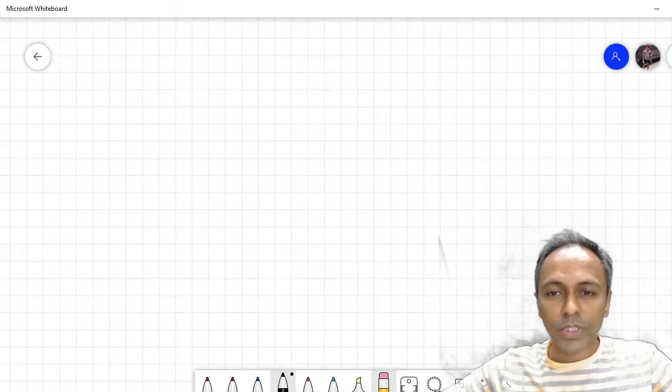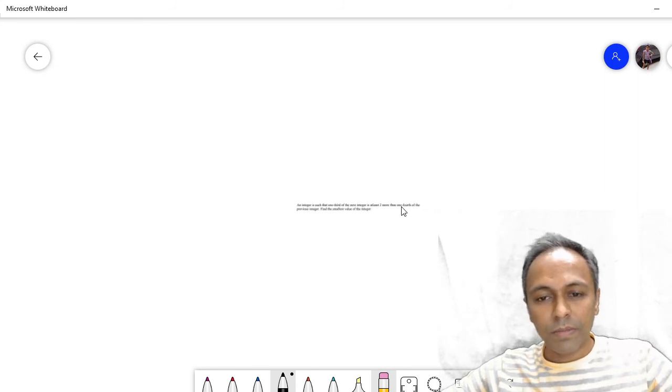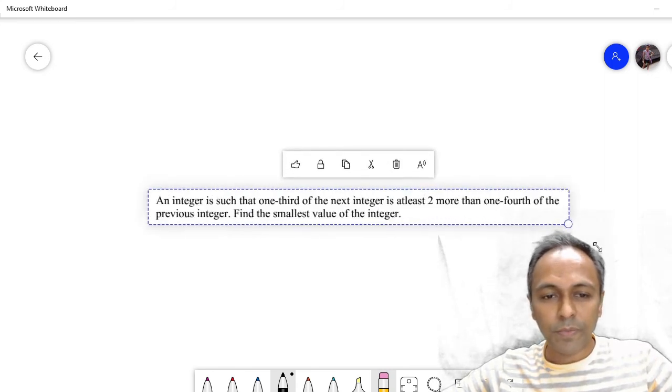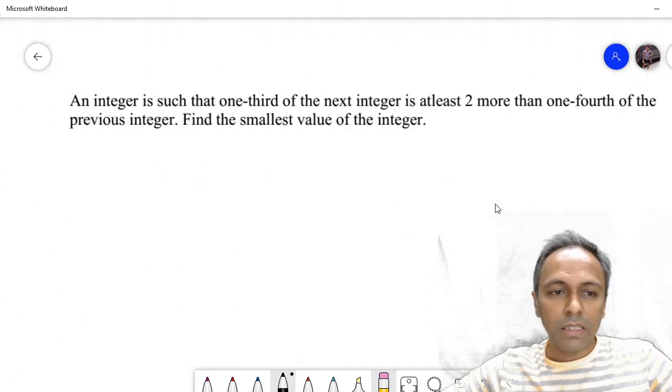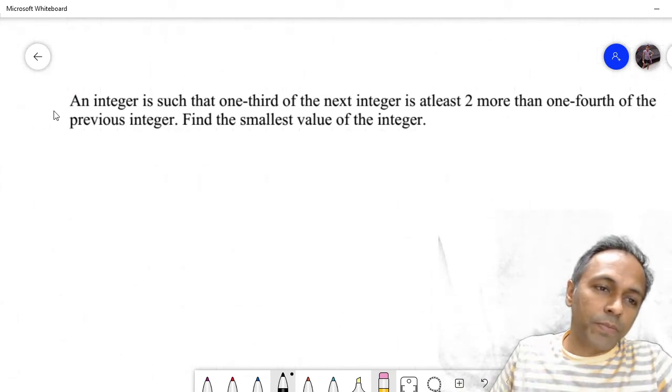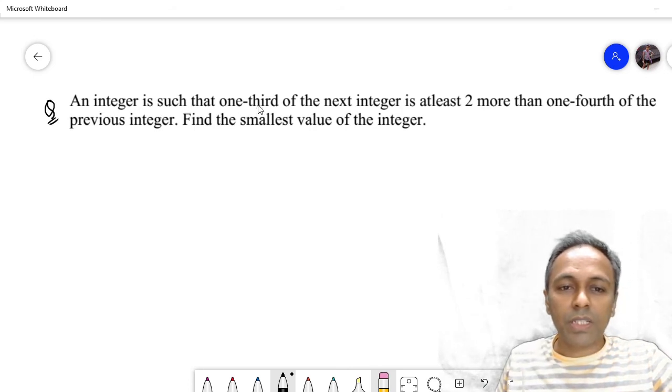Let us take one more question, a word problem type question. An integer is such that 1/3 of the next integer.